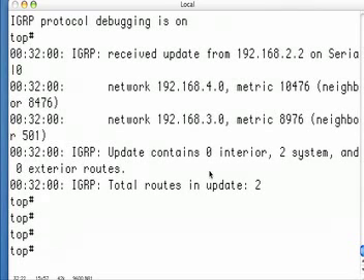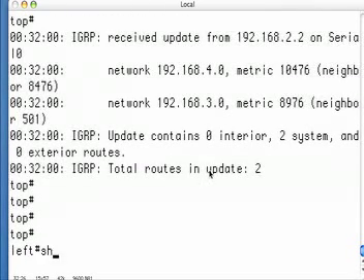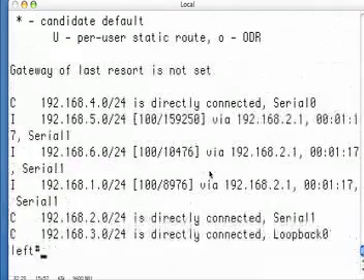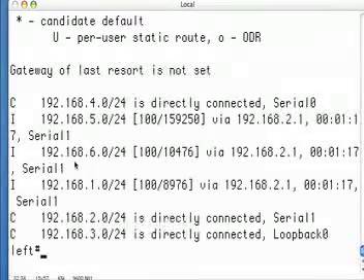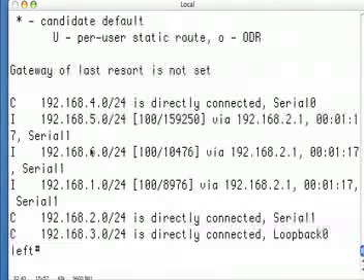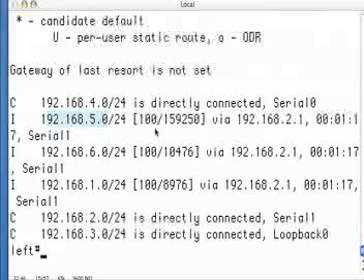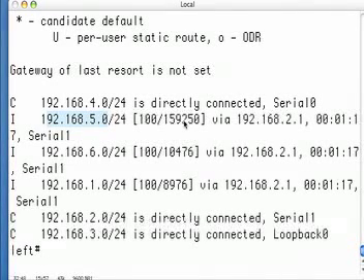Let's go ahead and look at the left router. Maybe it just took a minute or so. There we are. Okay, so now I've got all 6 routes on my left router, and here you can see that the 6.0 and the 5.0 are the ones that are redistributed.